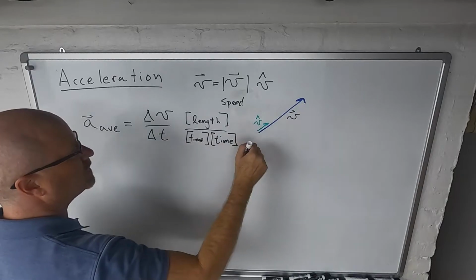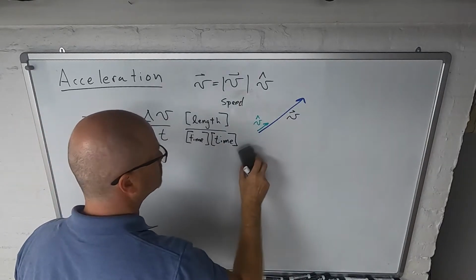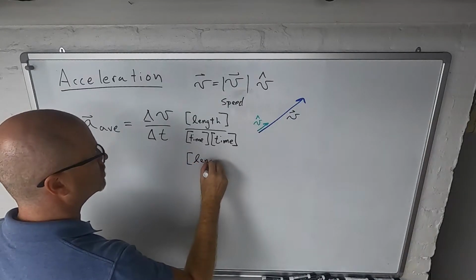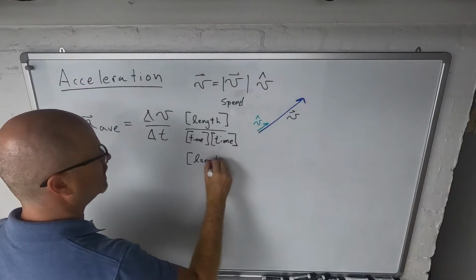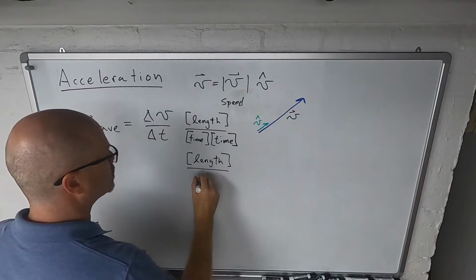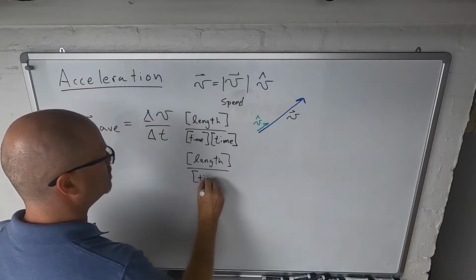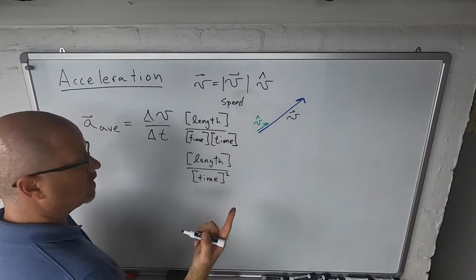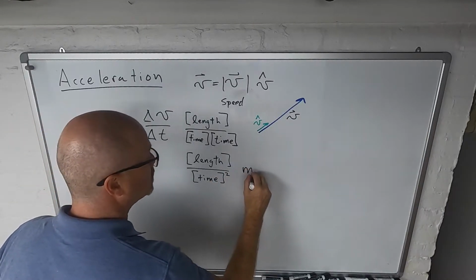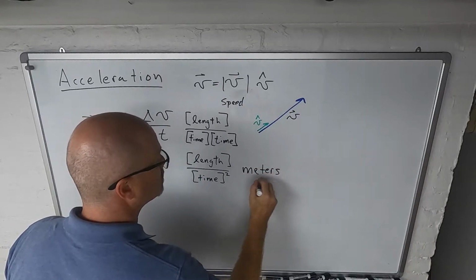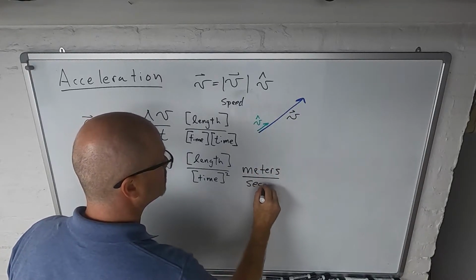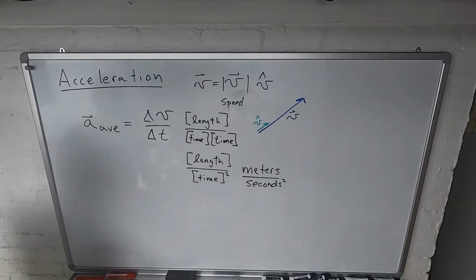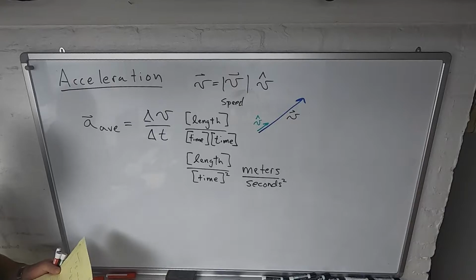So the actual units work out to be length per time squared. And in physics, we always call this meters per second squared. So that's the units of acceleration, meters per second squared.